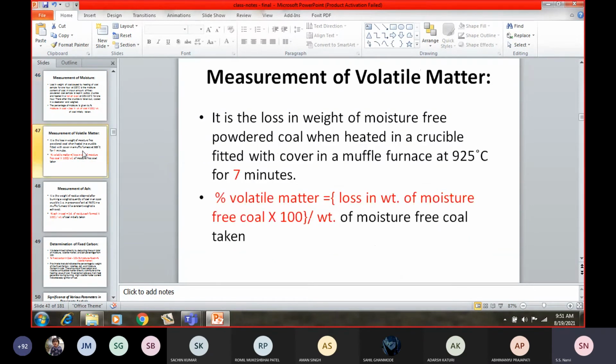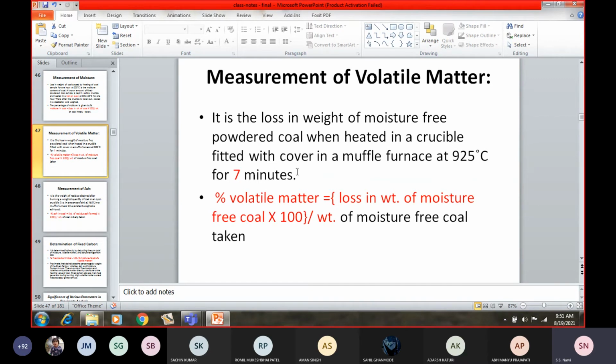Then the same coal for which you have determined the moisture content, you put it into a furnace in the same crucible, and put a lid over it. The lid of the crucible is perforated. So it will not allow combustion to take place, but will allow the volatile matter of the coal to go out.